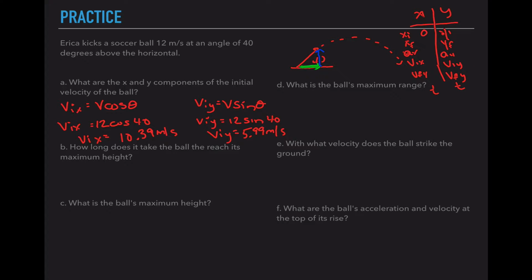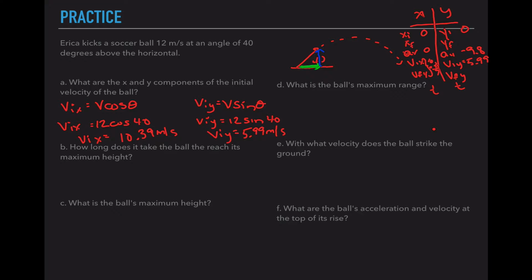So xi is 0, yi is 0. Ax is 0, ay is negative 9.8. Now the vx's we automatically know, and both of these are the 10.39, and viy is 5.99. That's all the information that we have at this point in time, okay?